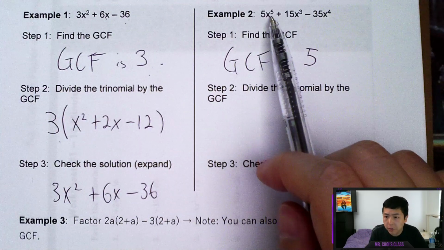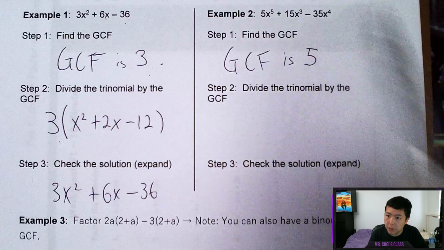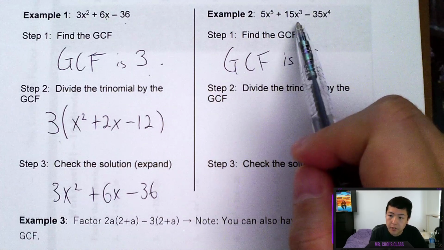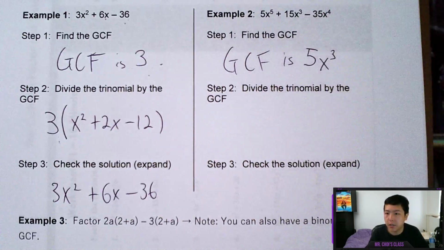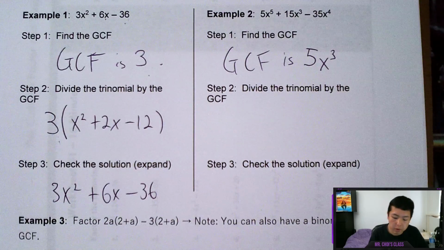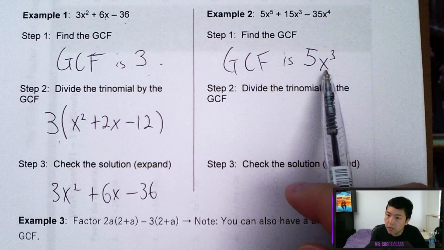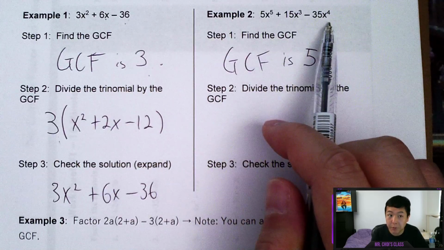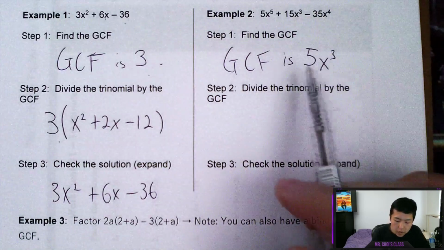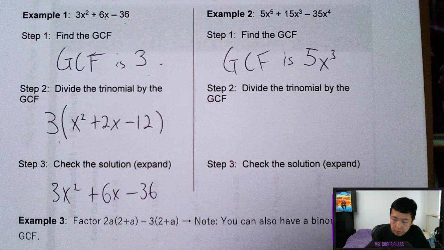There's a 5, there's a 3, and there's a 4, which means the smallest one is x to the power of 3. So the number and then the lowest exponent variable, as long as all the terms have it. So we take out the 5x cubed.